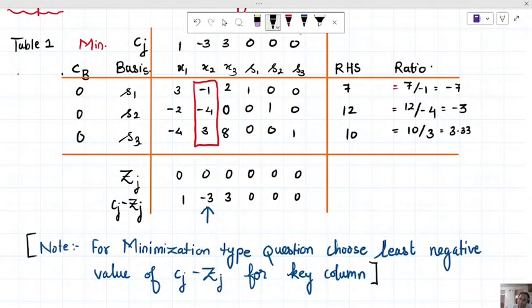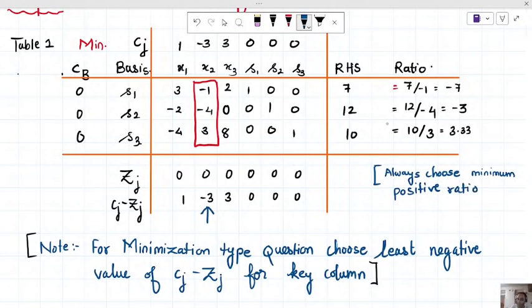Now for the key row, the concept is the same. You have to always choose the minimum positive ratio. For the ratio there is no change in the rule. I'll write here as a note: always choose minimum positive ratio.